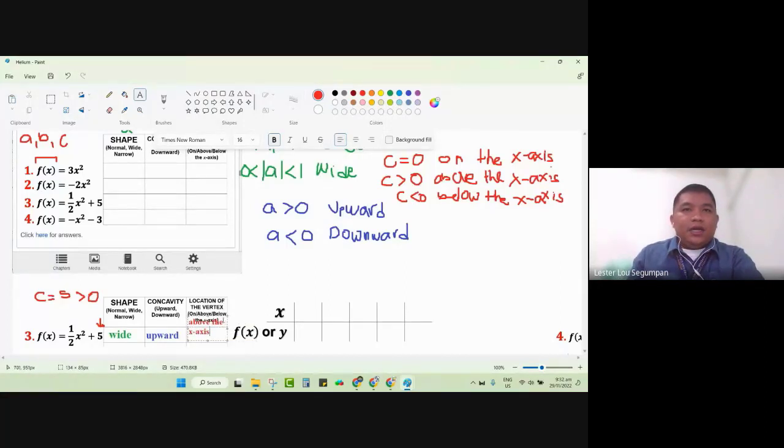So we're going to check it later if it's really true. So number 3, the parabola should be a wide parabola. It opens upward, and the vertex should be above the x-axis.